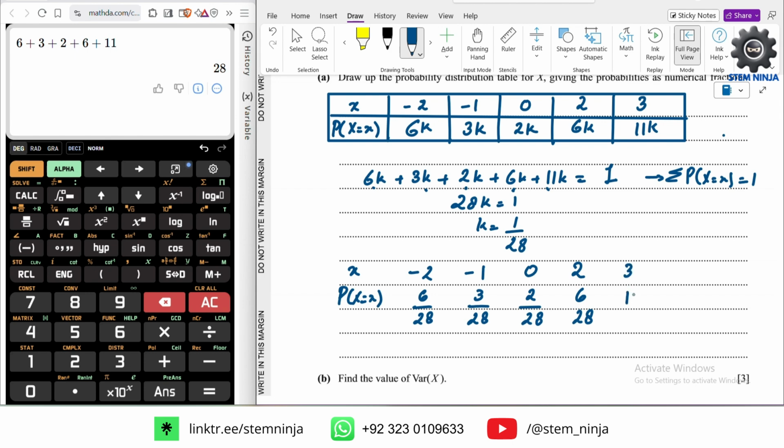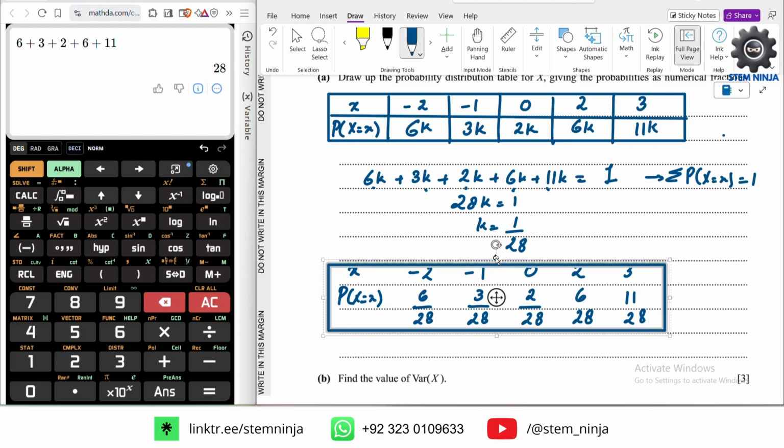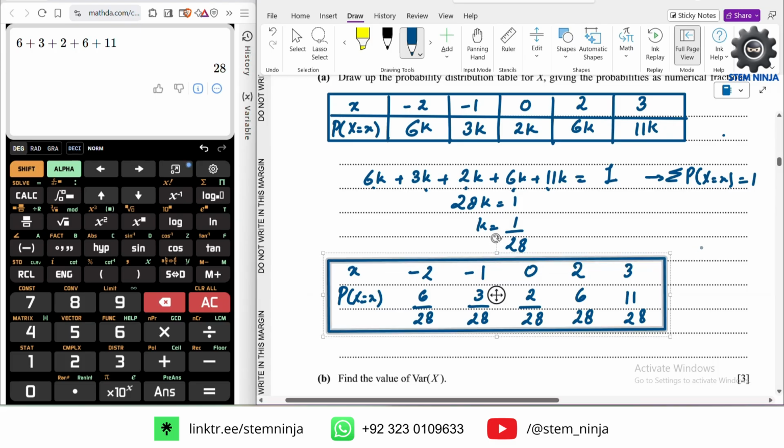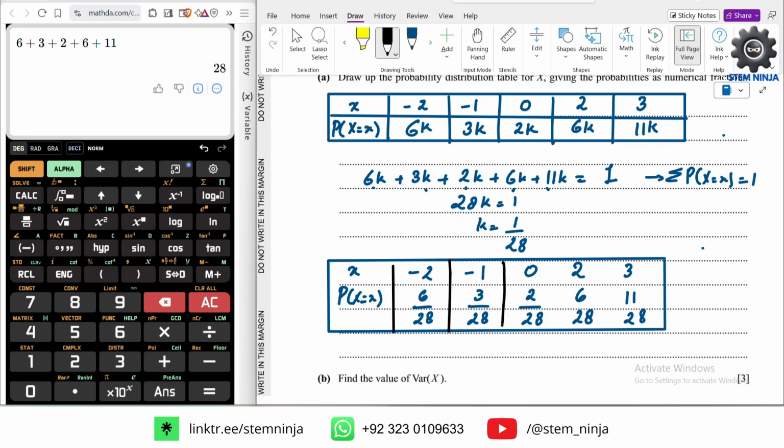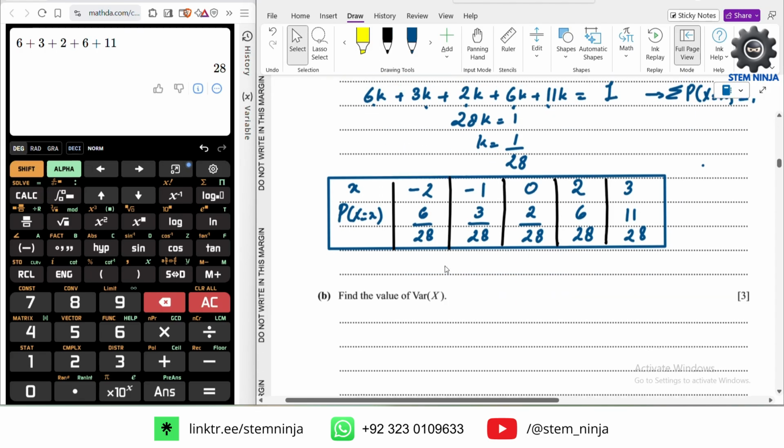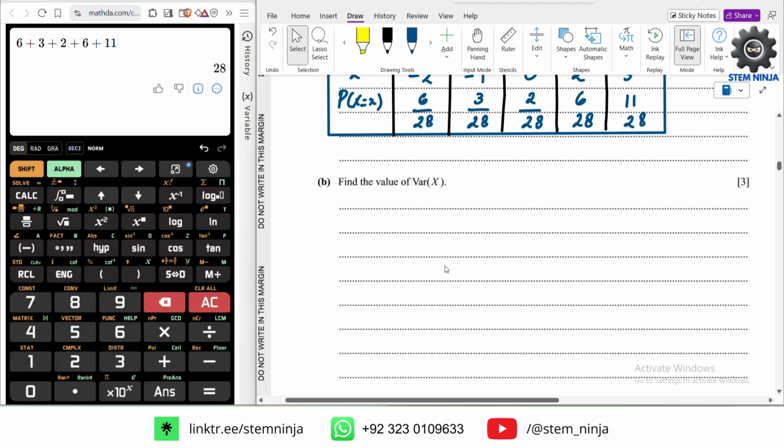And 3, 11 over 28. Right. This is our probability distribution table. Okay. Find the value of variance of x.